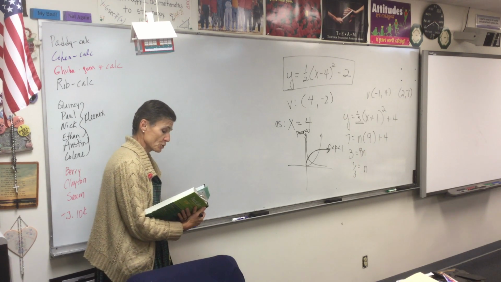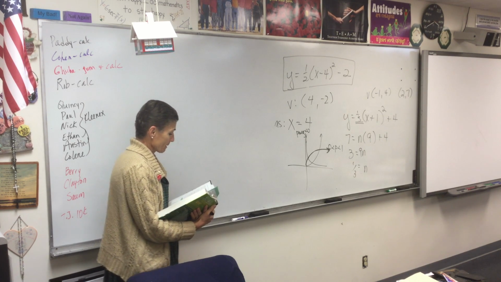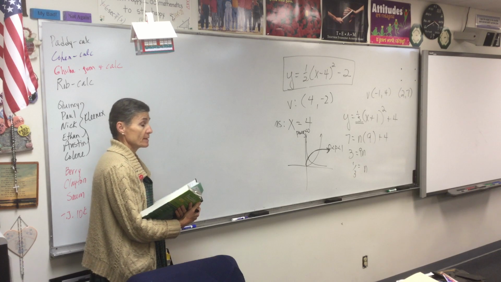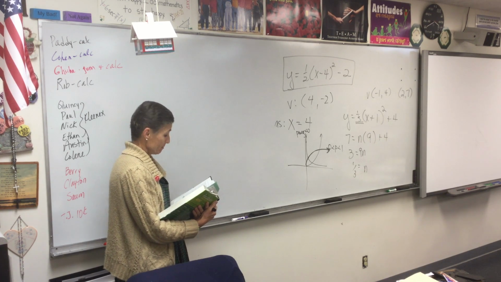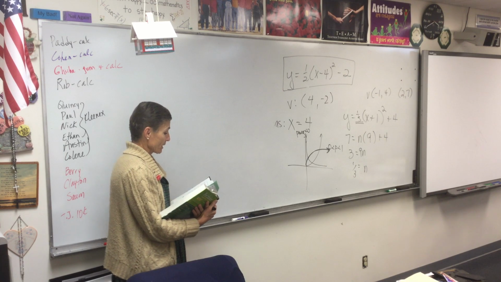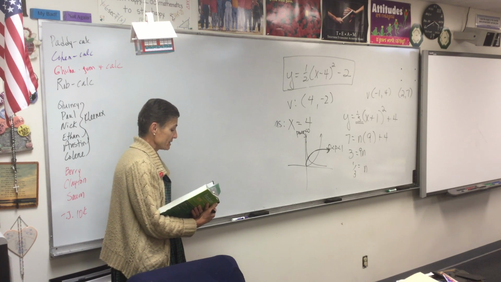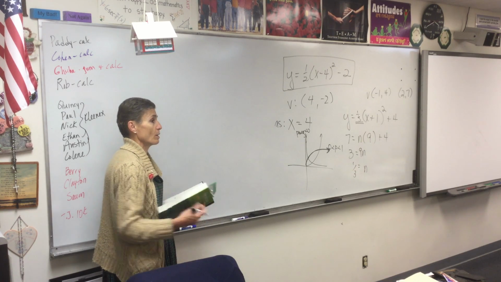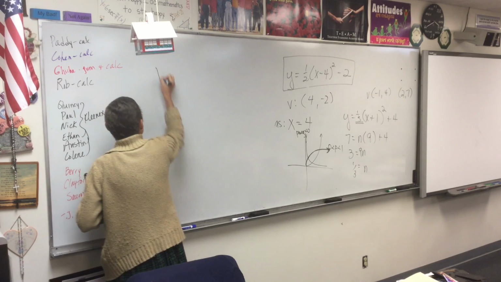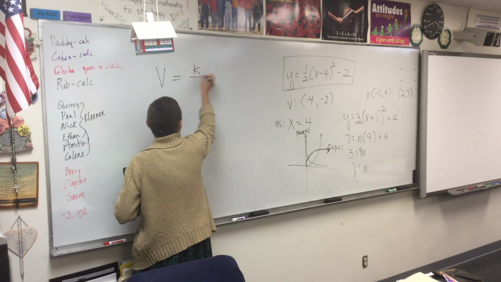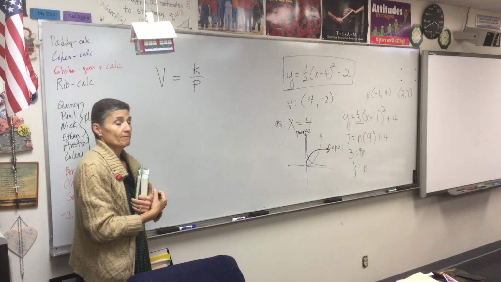This is section 2.2, problem 51, which is a homework problem that some people who have been working on homework have an issue with. The volume of an enclosed gas varies inversely as pressure. I'm going to stop right there. Volume varies inversely as pressure. Wait, what's the problem number? 51.